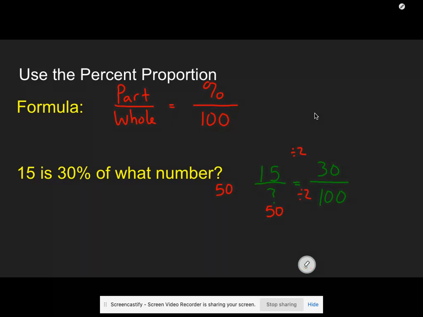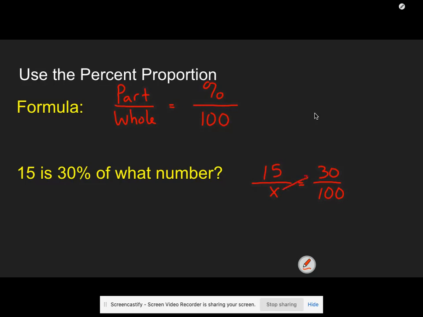And another way that we can solve this is we can do 15 over x equals 30 over 100. And we did cross multiplying to find equivalent ratios. Well, I'm going to end up doing the same thing.